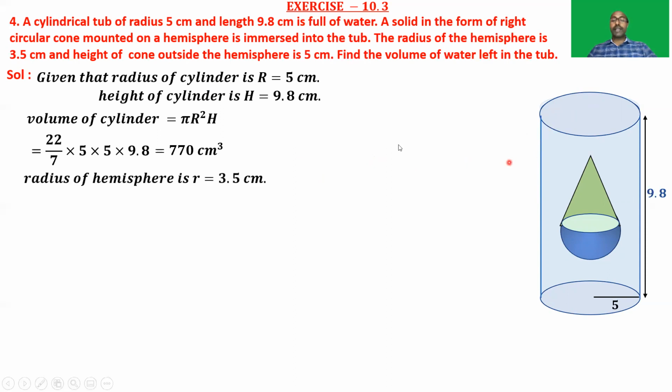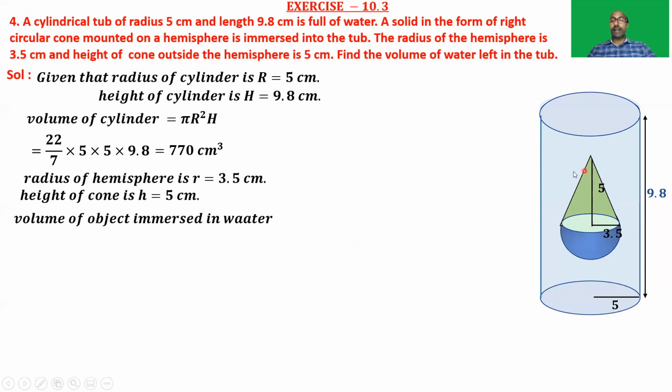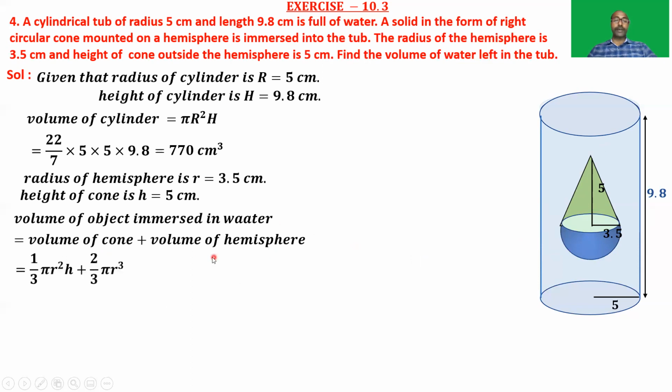Now the radius of the hemisphere is 3.5 centimeter and the height of the cone is 5 centimeter. Now the volume of the object immersed in water, that is this toy, is the volume of cone plus the volume of hemisphere. So the volume of cone is 1/3 pi r square H and the volume of hemisphere is 2/3 pi r cube.